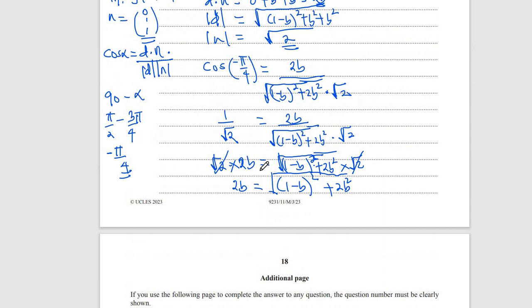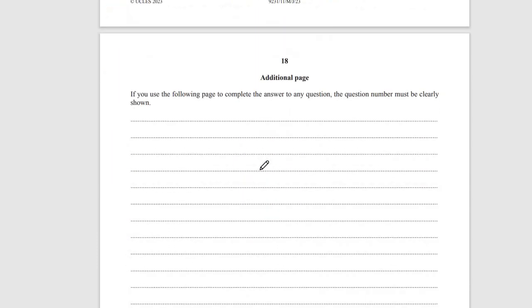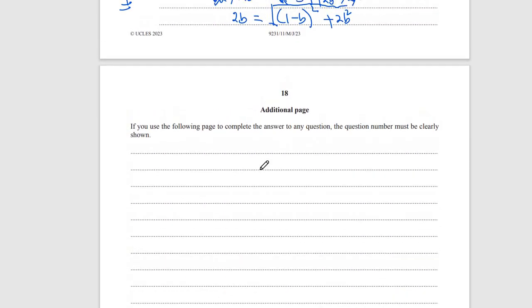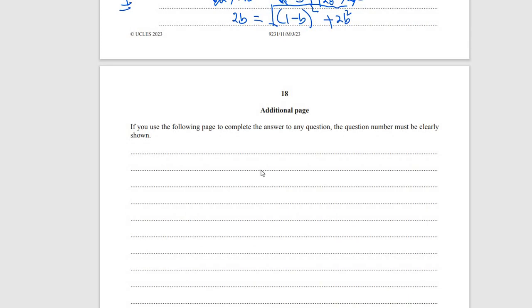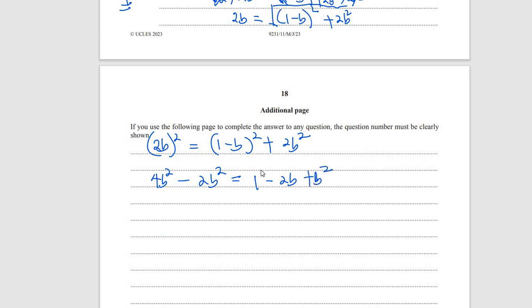So from here, let's square both sides. When you square both sides, we have (2b) squared equal to (1 minus b) squared plus 2b squared. This gives us 4b squared. Collecting like terms, when you expand this, it gives 4b squared minus 2b squared, that's 2b squared. That gives minus b squared equal to 1 minus 2b.